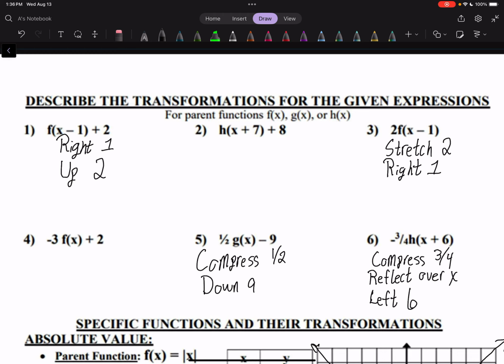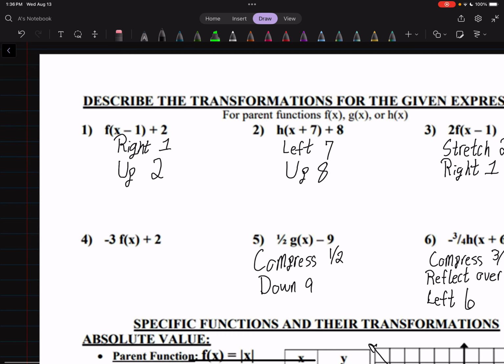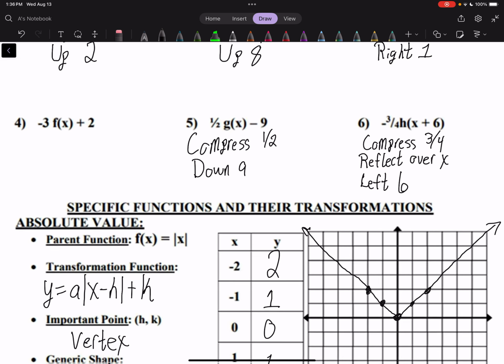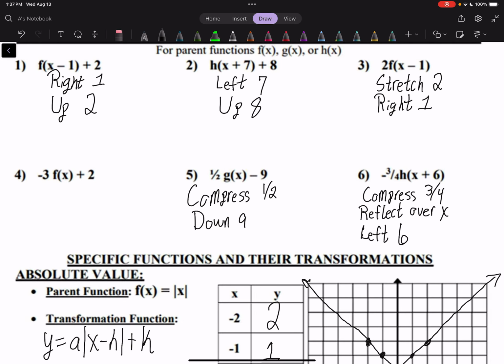H of x plus 7 plus 8. The x plus 7 is left 7 units, and the plus 8 is up 8 units. Lastly, number 4, negative 3 f of x plus 2. All right, the 2 is going to be up 2.